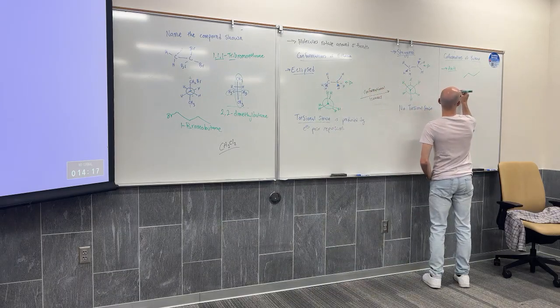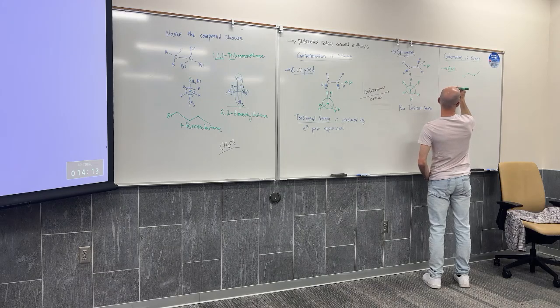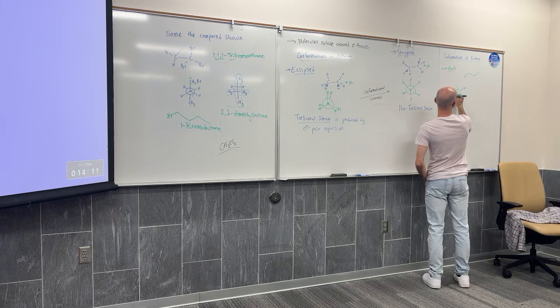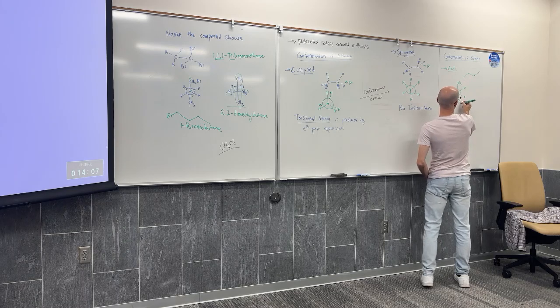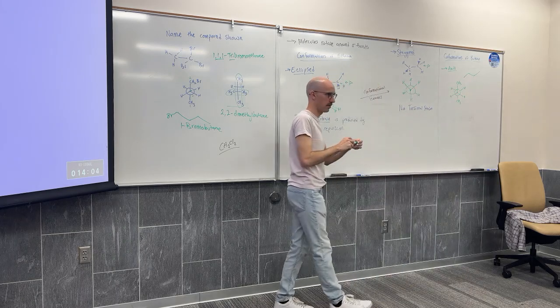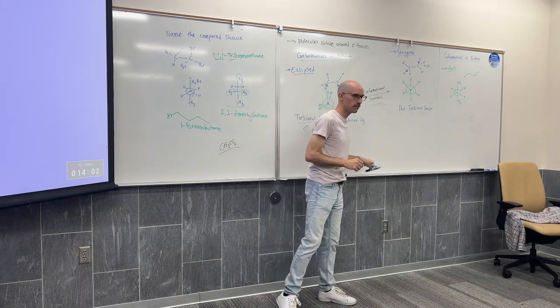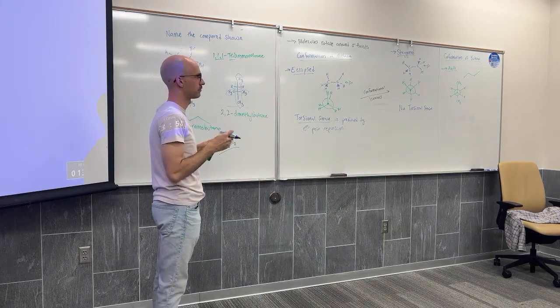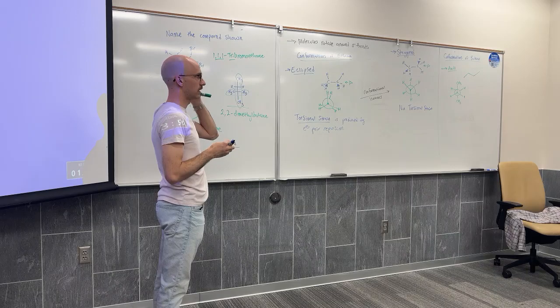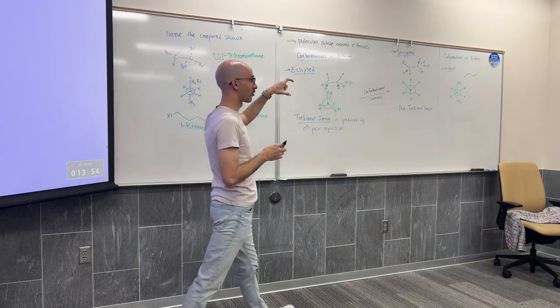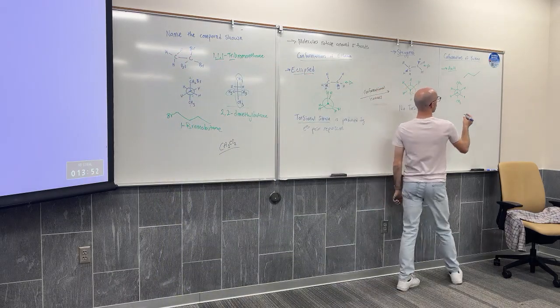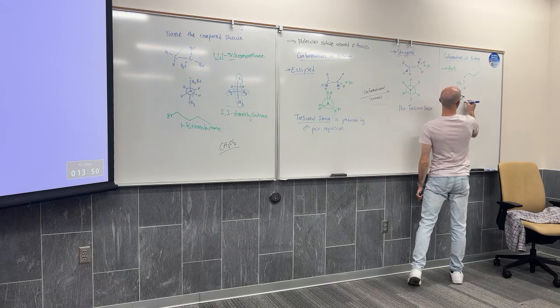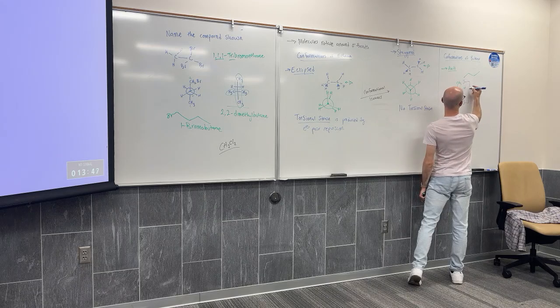The Newman projection has hydrogens in these central spots, CH3s directly up and directly down. What it's telling us here is that the groups that are anti are these non-H groups.